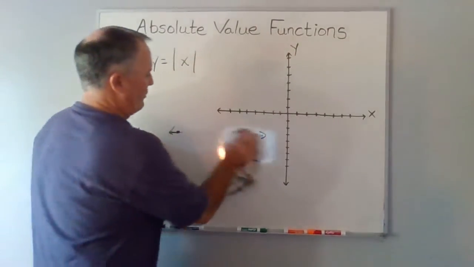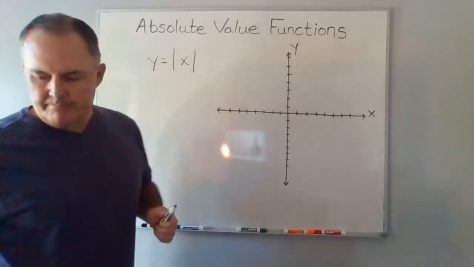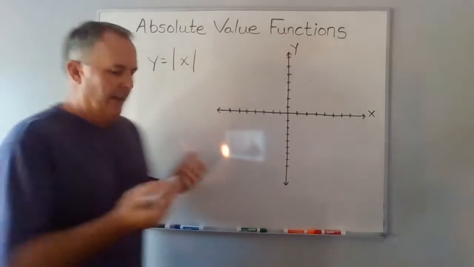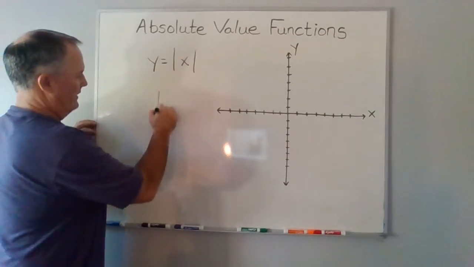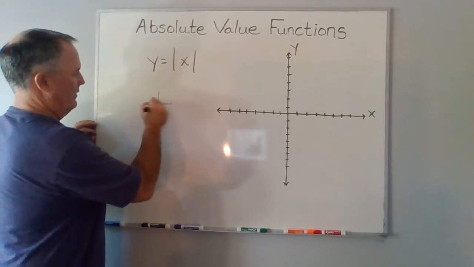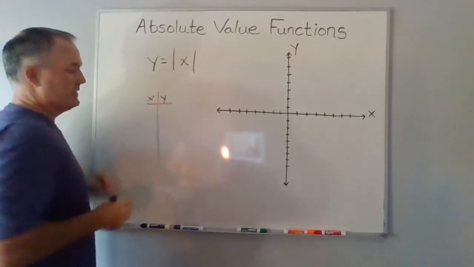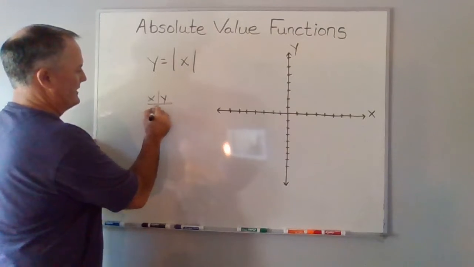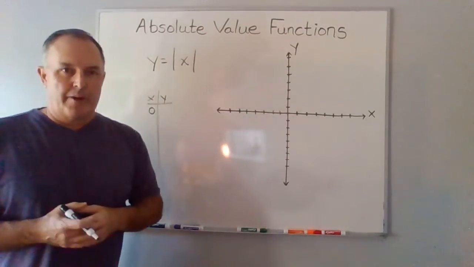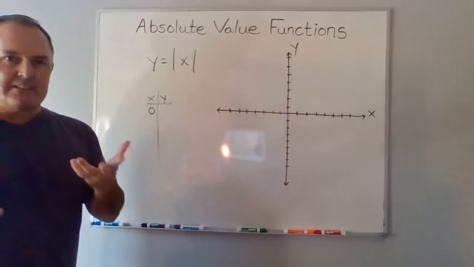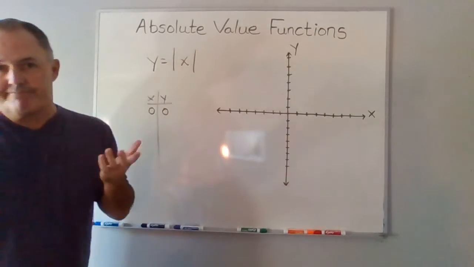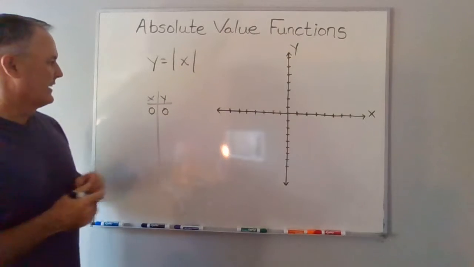So let's graph this. Obviously, the easy way to graph any kind of function or equation is to do a t-chart with our x and our y values. All right, so we're going to start with a nice easy input, 0. So if I plug 0 in, the output obviously is going to be 0. 0 is not really positive or negative, so nothing really changes there.